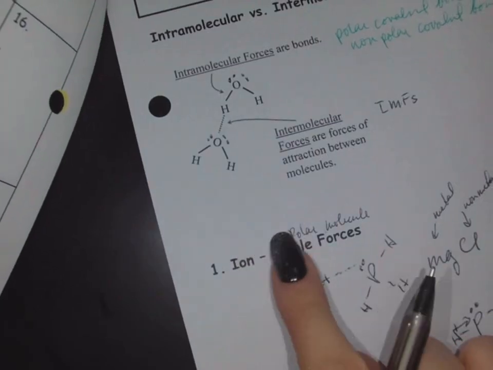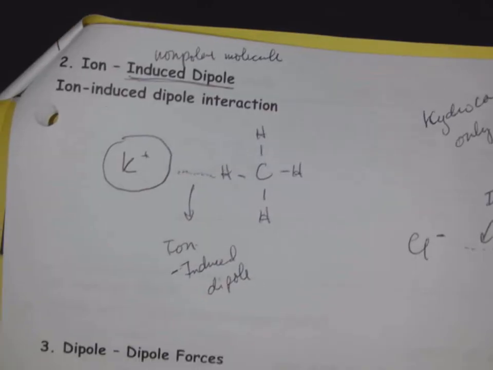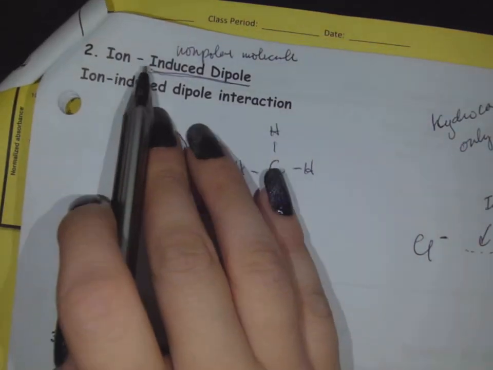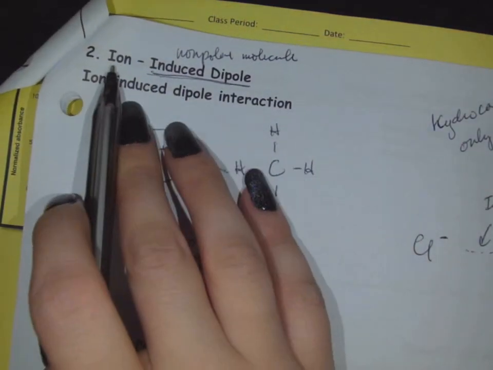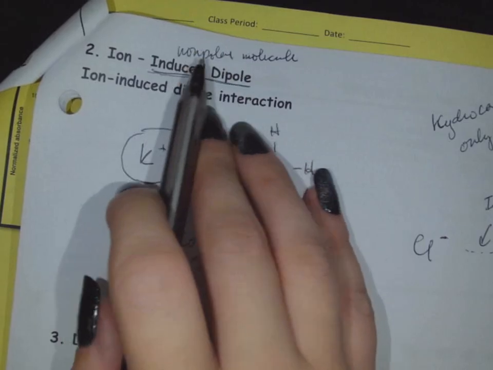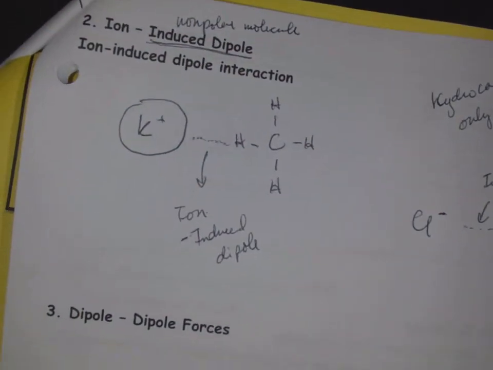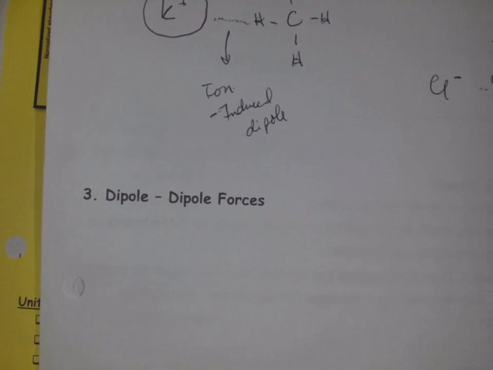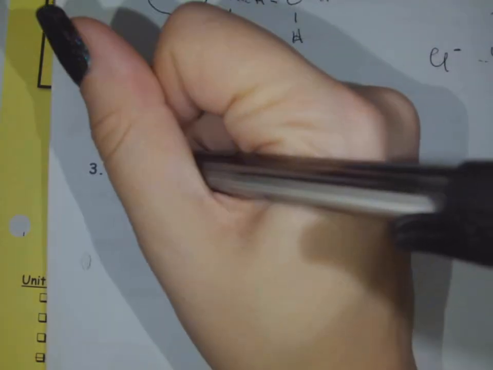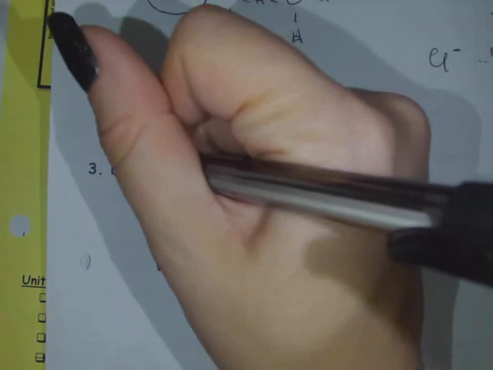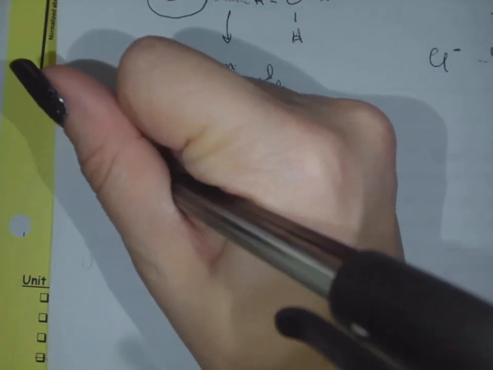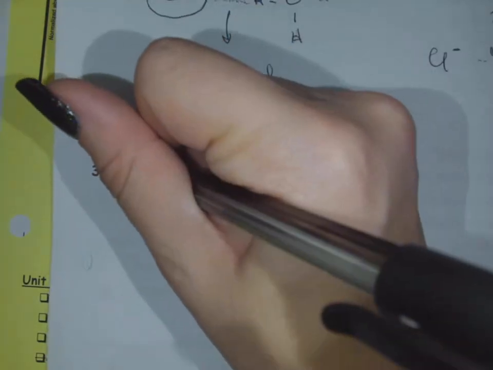That is a stronger attraction than an ion-induced dipole, or an ion that's attracted to a nonpolar molecule, right? Our next is dipole, okay? Dipole is two polar molecules.